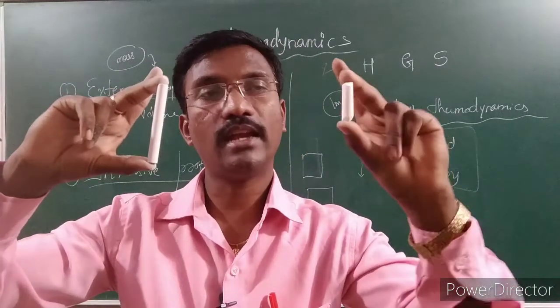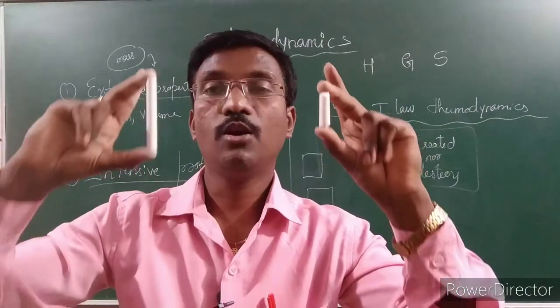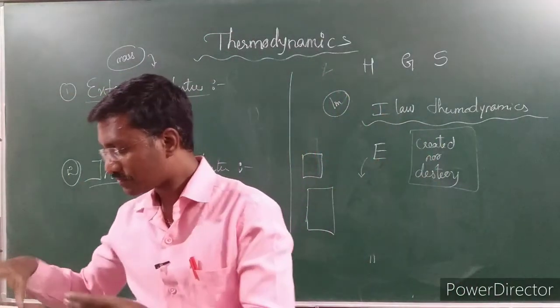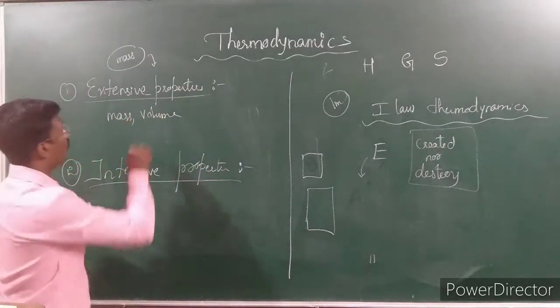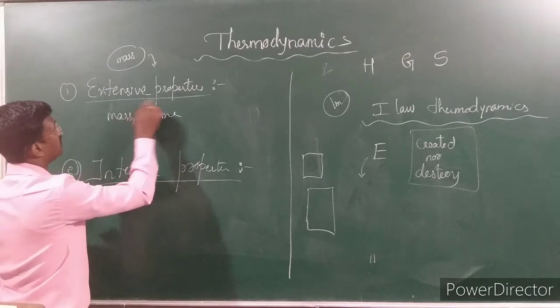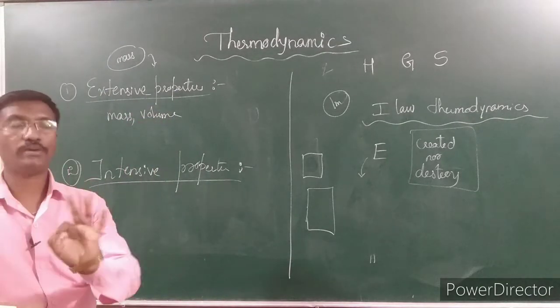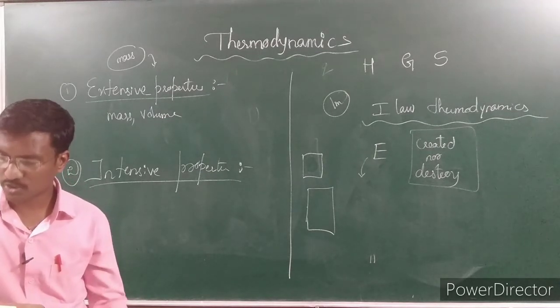This choppies is having the lesser volume, and no doubt it is also having the lesser mass. So it means that the volume of the system depends on the mass of the system. Therefore, volume is also considered an extensive property. An extensive property is nothing but a property which depends on the mass.